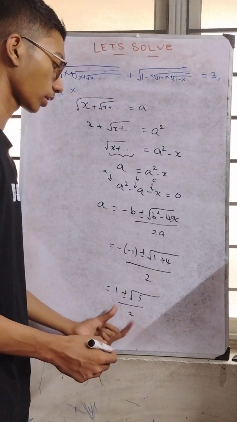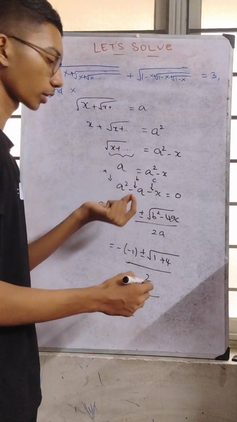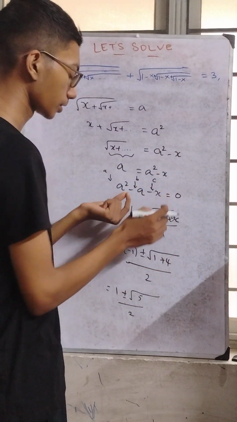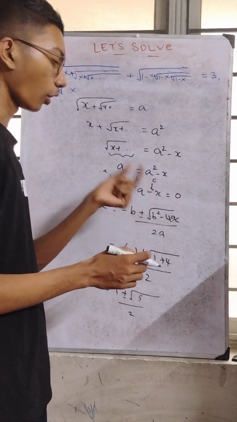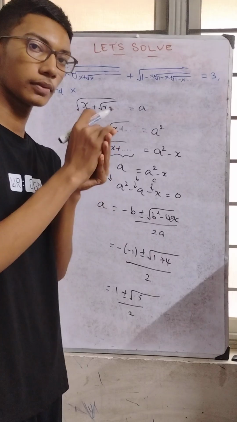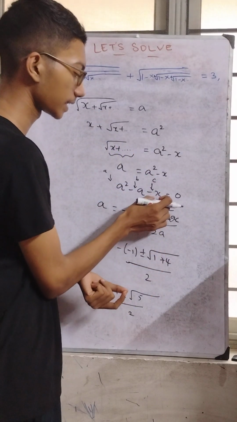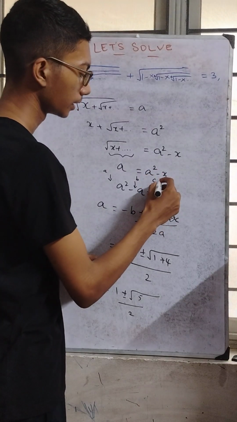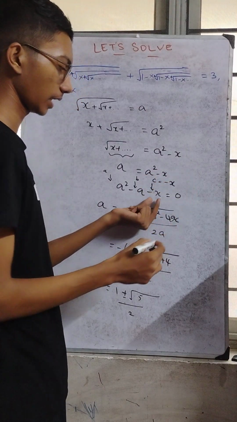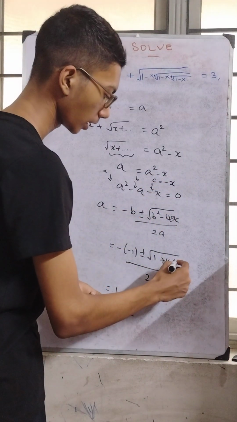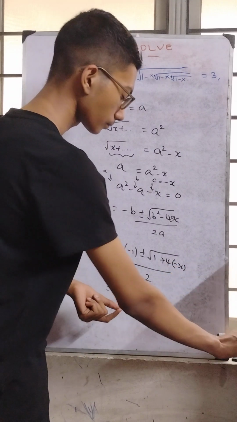Oh, okay, there is a mistake here. Since this is in terms of a, all the other terms except a are constant terms. So here c is not 1, c is equal to minus x. So here we put minus x.